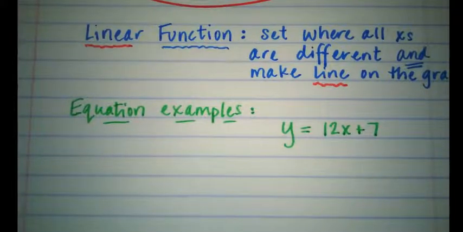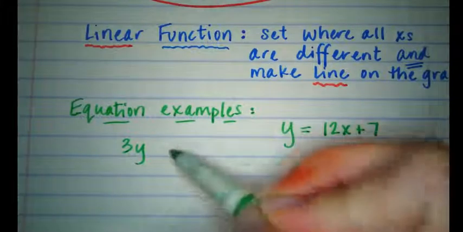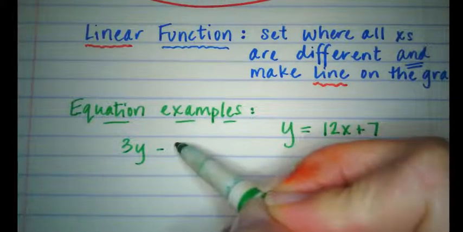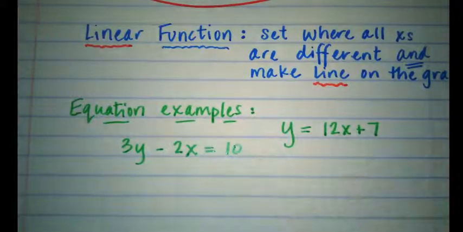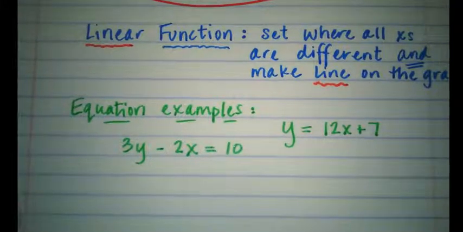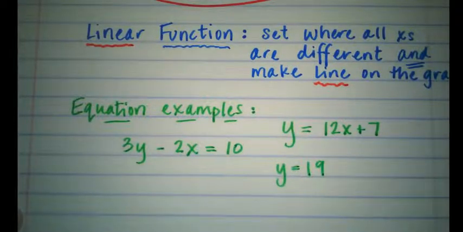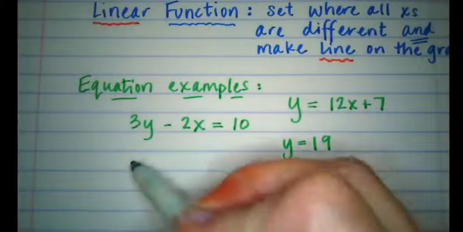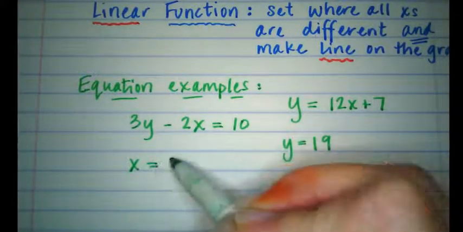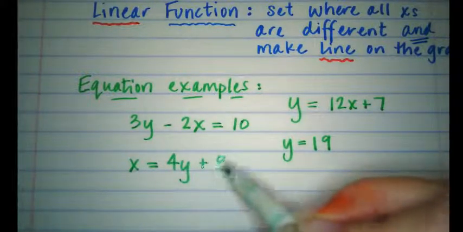That would make a linear equation. 3y minus 2x equals 10. That would be a linear equation. y equals 19 would be a linear equation. x equals 4y plus 8.